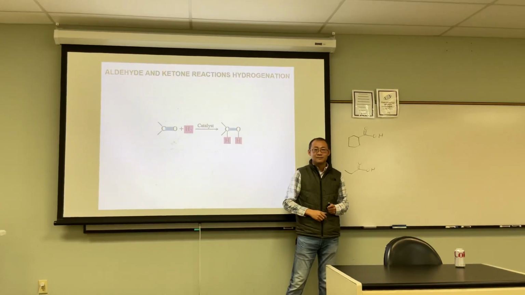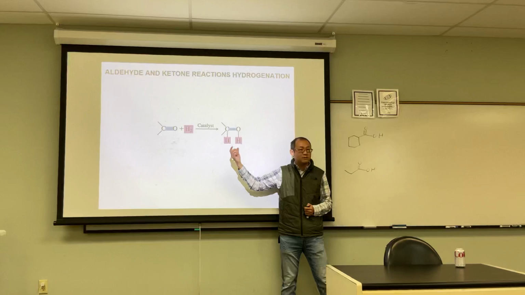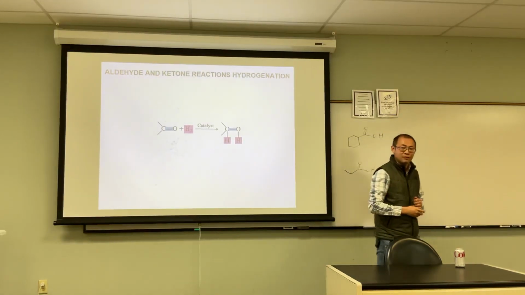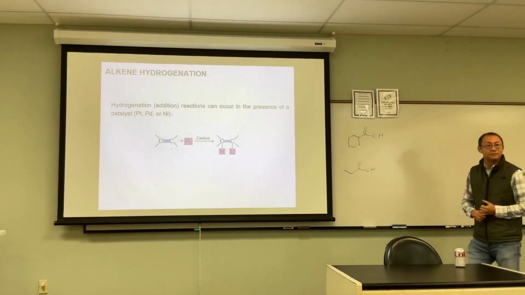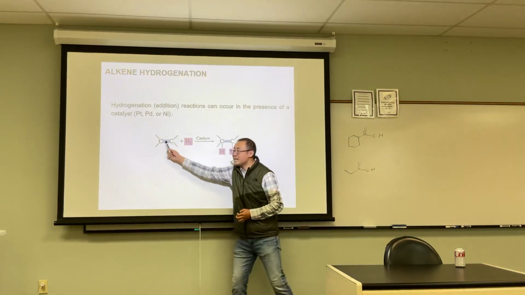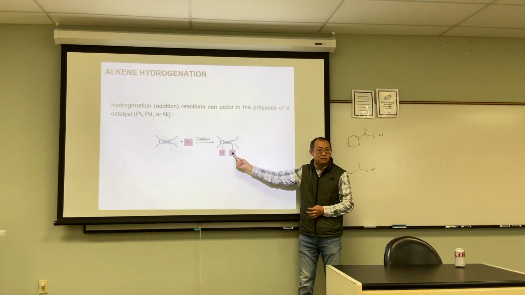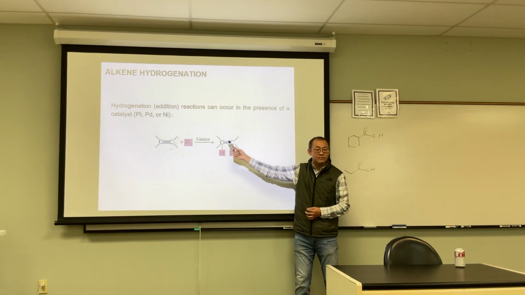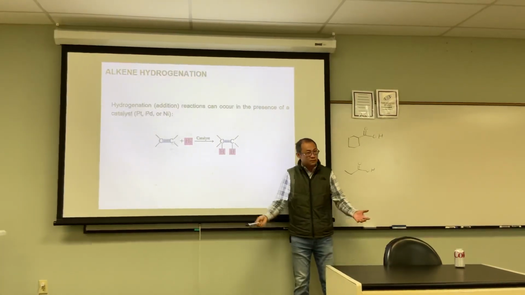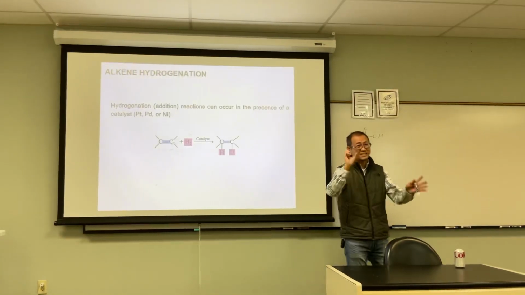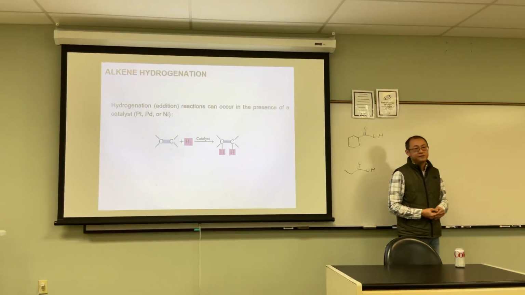Do you recall seeing something similar before, when we studied alkenes, the C=C double bond? If we treat it with hydrogen and a catalyst, we do the very same thing. The C=C double bond becomes a C-C single bond, and we add hydrogen. They're both the same type of reaction. We call them hydrogenation.